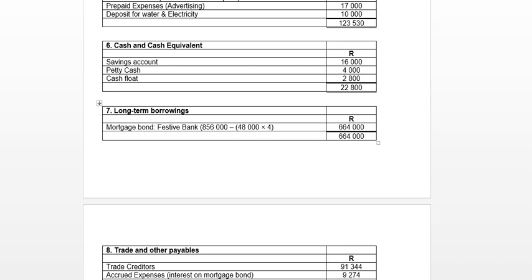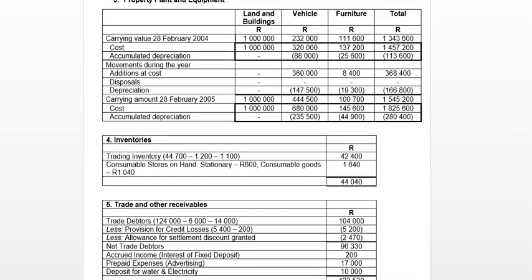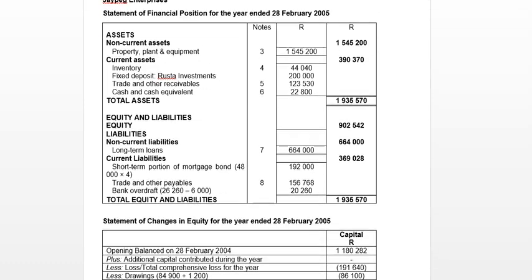So that relates to our short-term portion. So it's not our long-term borrowing, so not more than 12 months. All of this is our short-term portion. So we need to take that out from our long-term portion. So our long-term portion in terms of our loan is 664,000 Rand, which we record here.